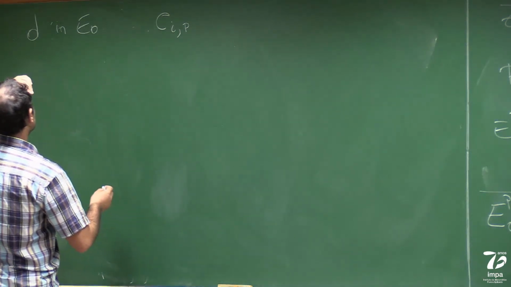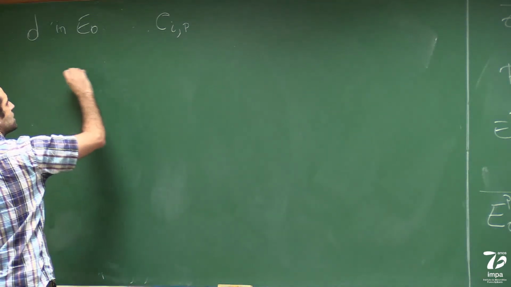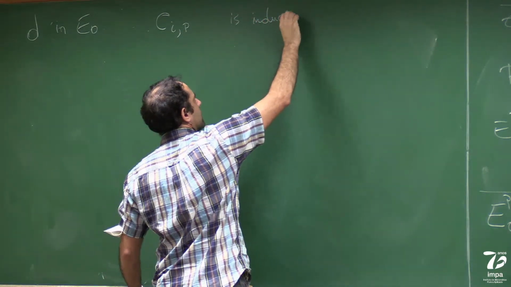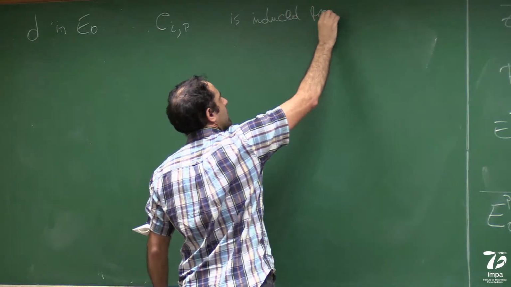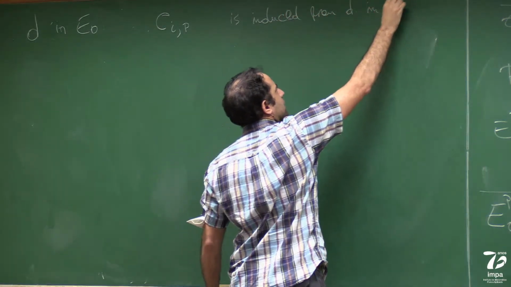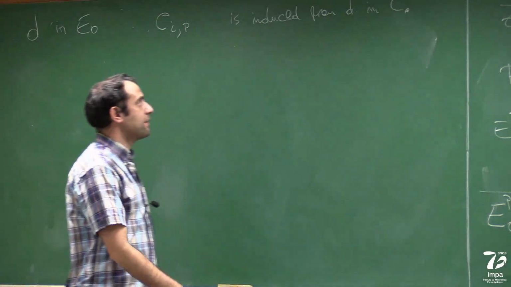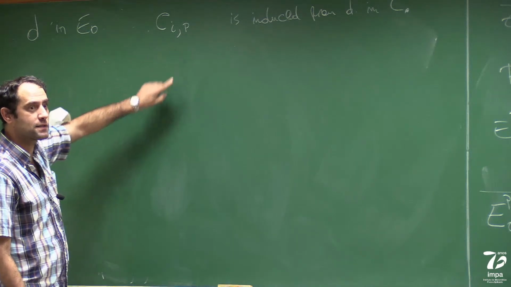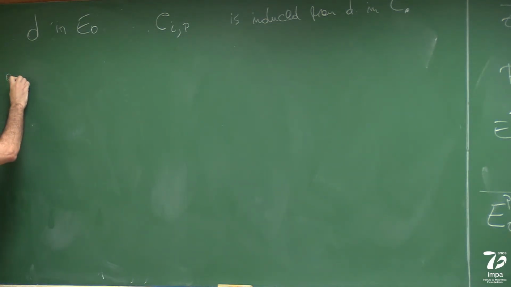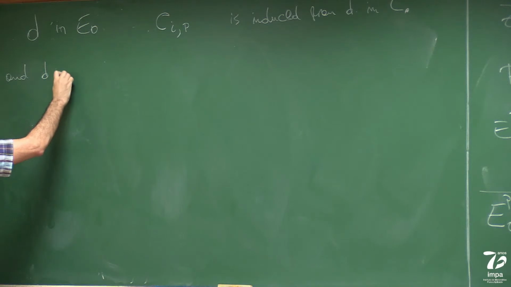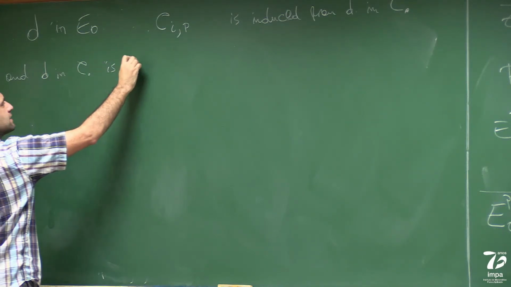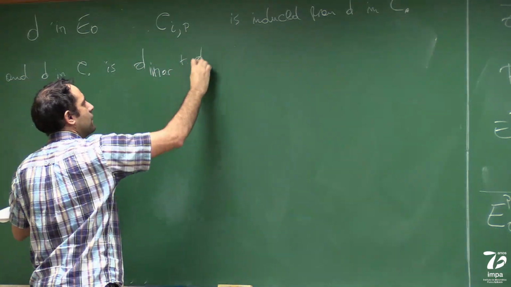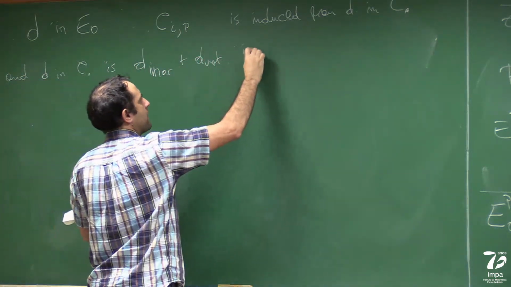Okay? So the differential in E0 is induced from the differential in the total complex, and the differential in the total complex itself is a sum of the two differentials in the bicomplex. It is the sum of the horizontal differential plus the vertical differential in the bicomplex.